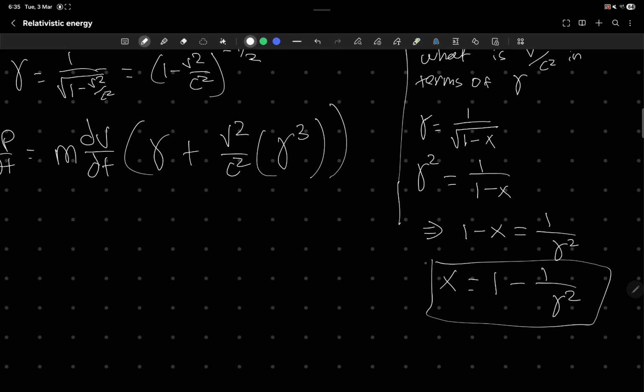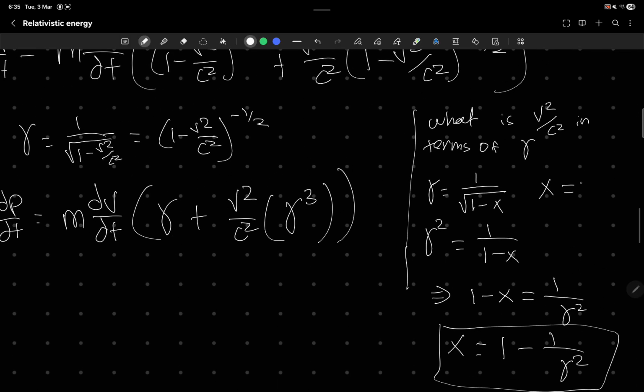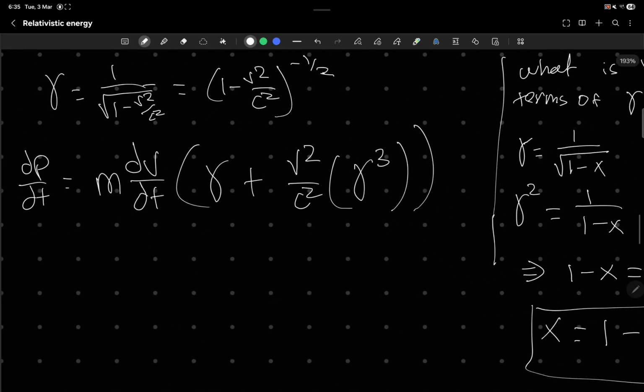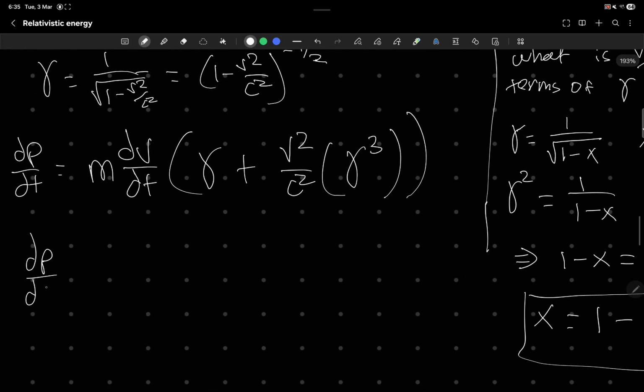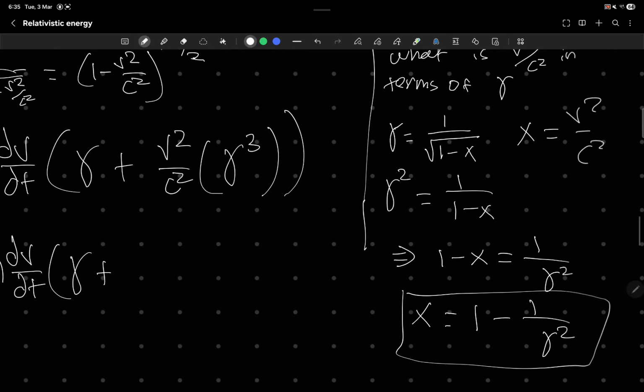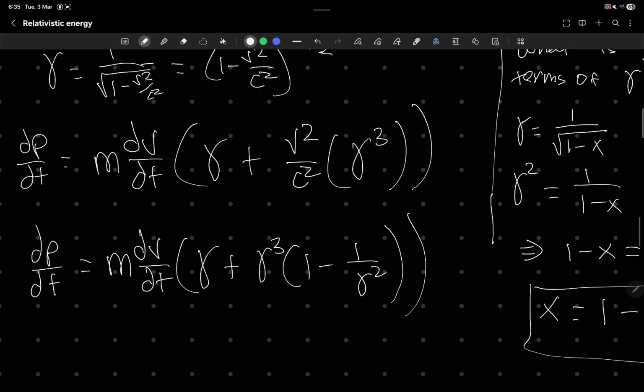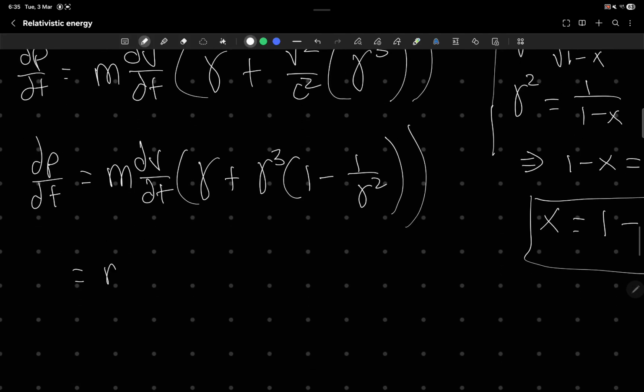Okay, and so let's just go ahead and substitute that result back in here. So dp by dt is equal to m dv by dt of gamma plus gamma cubed, bracket 1 minus 1 upon gamma squared. And expanding this is just going to give us m dv by dt, and then we're going to get a gamma cubed minus gamma cubed over gamma squared, which is gamma.